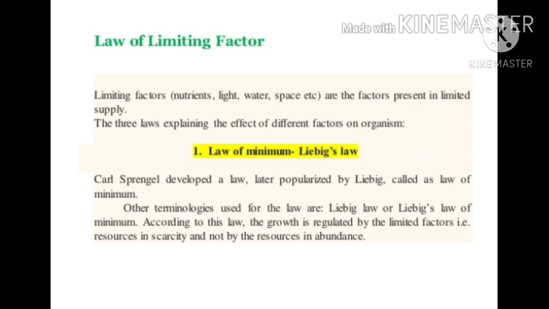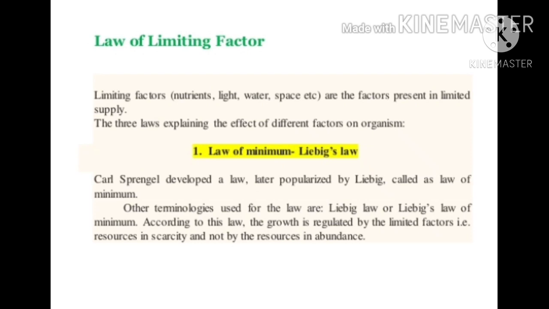Liebig's law states that as far as a population is concerned, the growth of the population is determined by the limiting factor, that is the factor which is nearest to the minimal value, and not the abundant factor, the most available factor. Okay, this is Liebig's law. For example, we can consider the growth of a population. The growth of a population is determined by the availability of nutrients, the availability of oxygen, and the climatic factors.